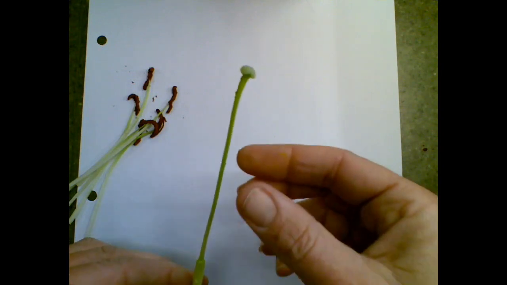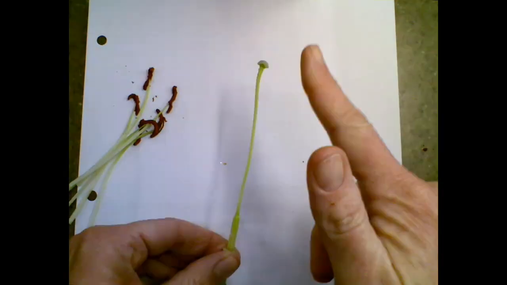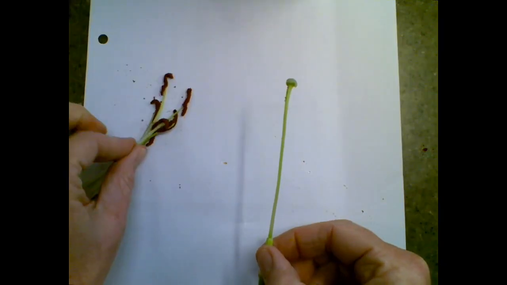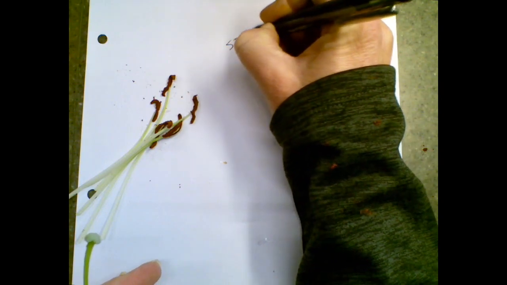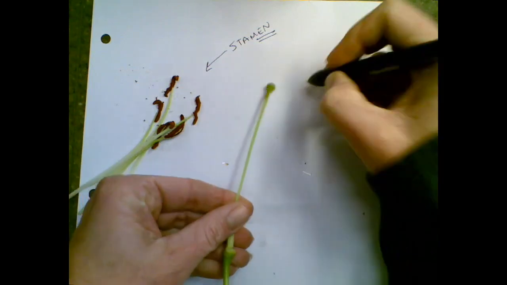That's what I think of. So that's how I remember that this is the pistil. And that it's female. I think of a little sassy girl. The male part is stamen, and it literally has the word men in it. And it is the male part. Pistil is the female part.